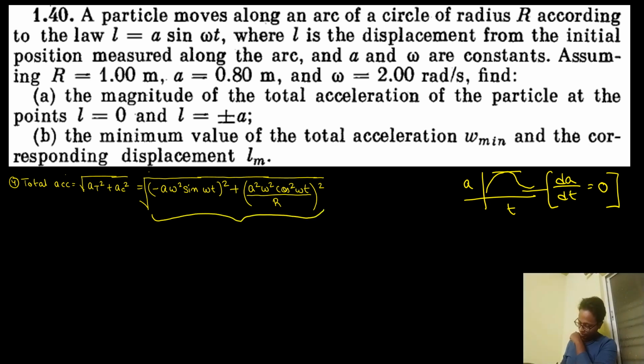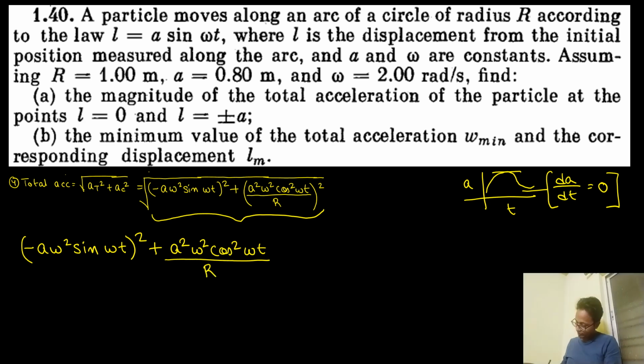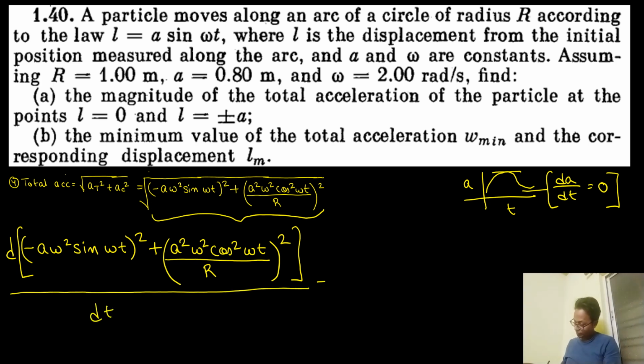So out here, minus a omega square sine omega t, whole square, plus a square omega square cos square omega t by r, whole square, d by dt should be equal to 0.